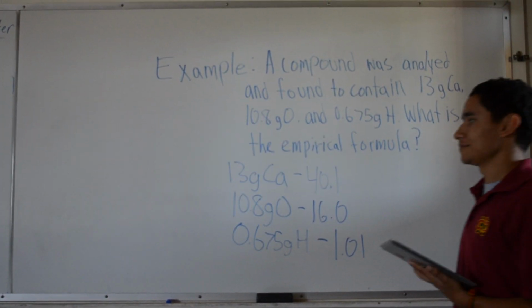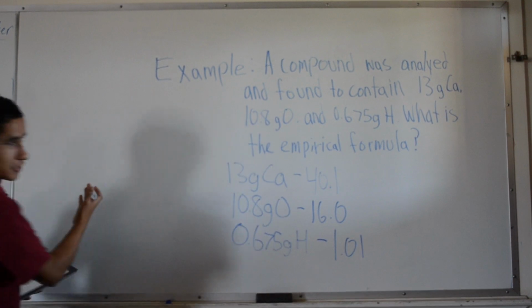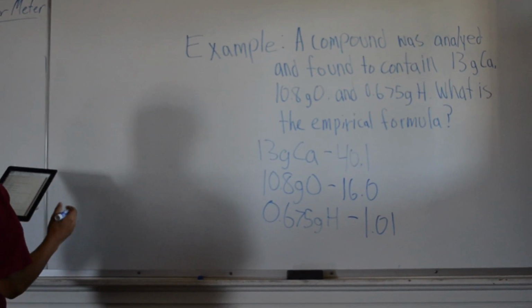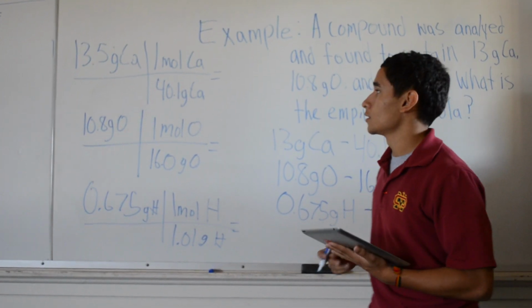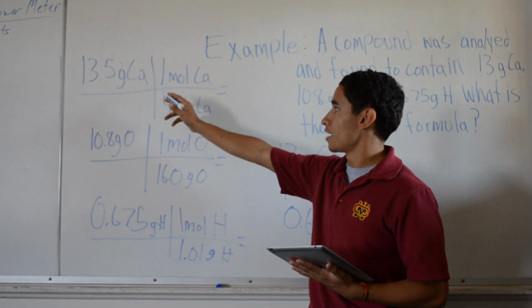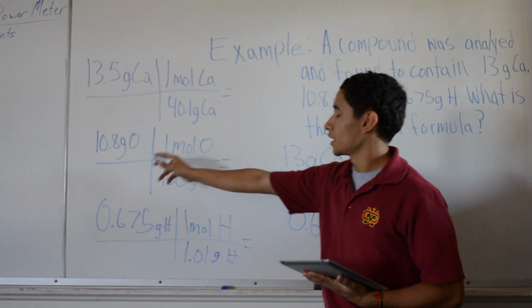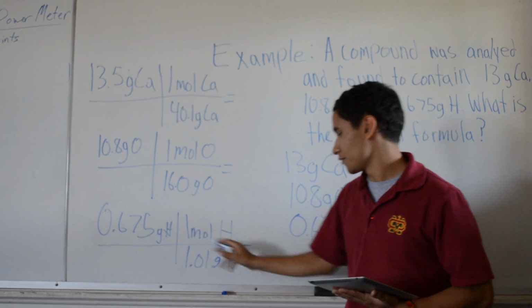Now that we did that, let's go over here. So now we're going to cancel grams of Ca on both, grams of O, and grams of H.